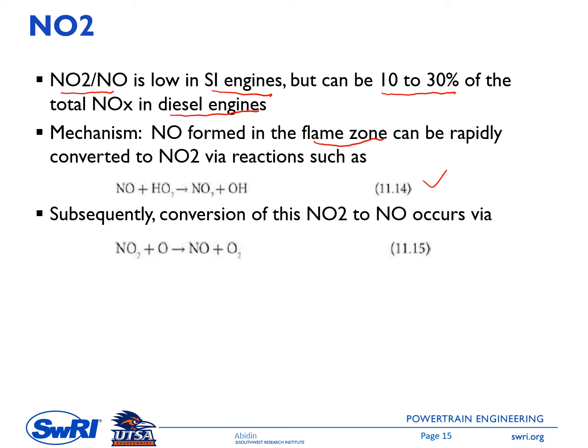So we have NO reacting with HO2 to form NO2 and OH. Subsequently, this NO2 will be converted back to NO following equation 11.15. But from both reactions, we might have some NO2 at the end.